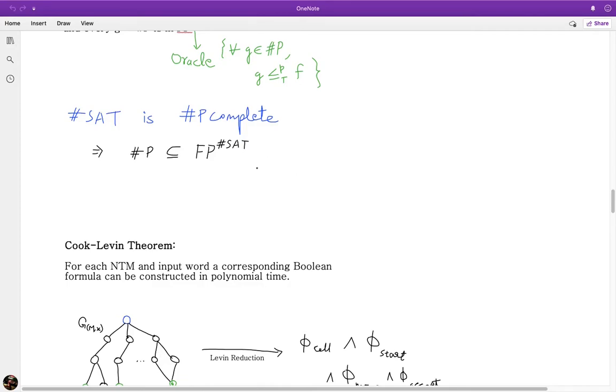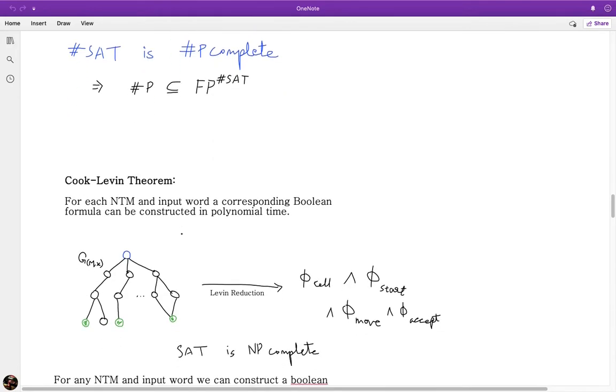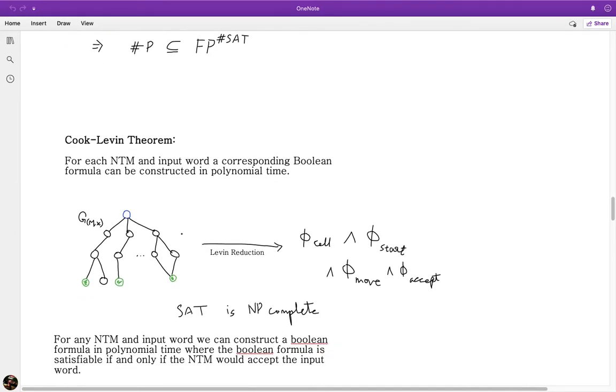If we have an oracle for #SAT, meaning it gives the number of assignments for phi, then we can compute any problem in #P. That is how we show #SAT is #P complete, because all the problems can be reduced to #SAT.